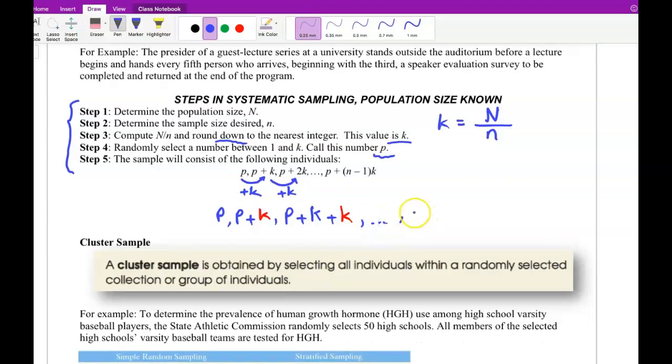Three dots, then p plus, and depending on what the sample size is, up to p plus (n minus 2)k, now plus k, adding all these, we have p plus (n minus 1)k.